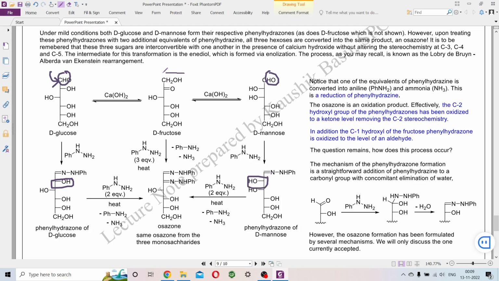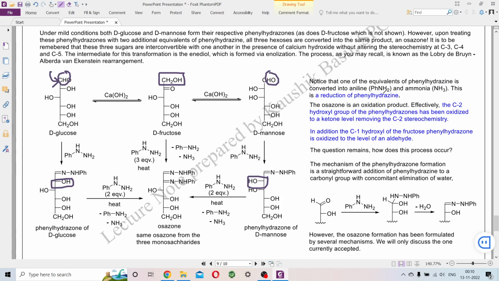And it is the oxidation number of C1 that is increasing when you start from D-fructose. So basically, the C2 hydroxyl groups of the phenylhydrazones of D-glucose and D-mannose have been oxidized. In addition, the C1 hydroxyl of fructose is also oxidized. How is this happening? Somebody is obviously getting reduced, so we are getting ammonia and aniline.